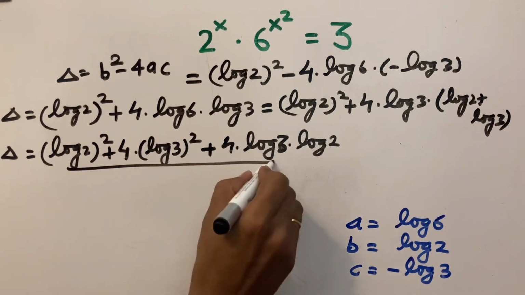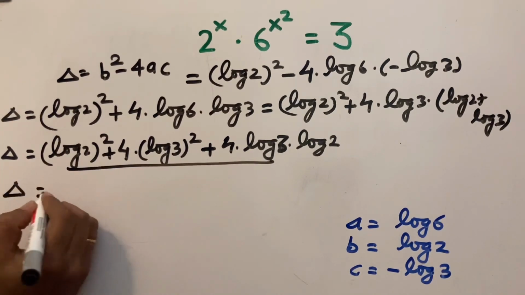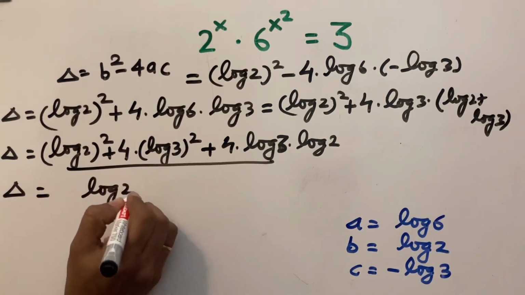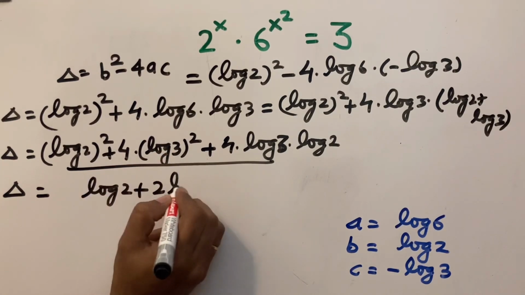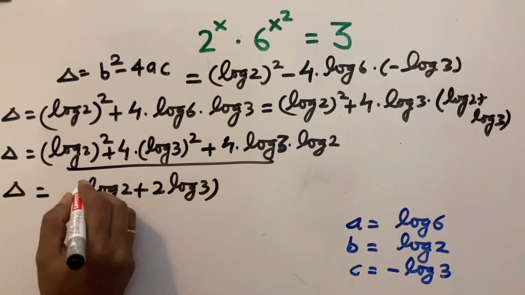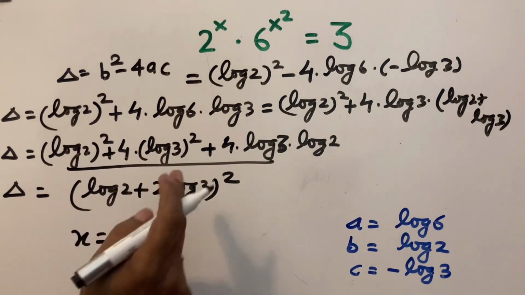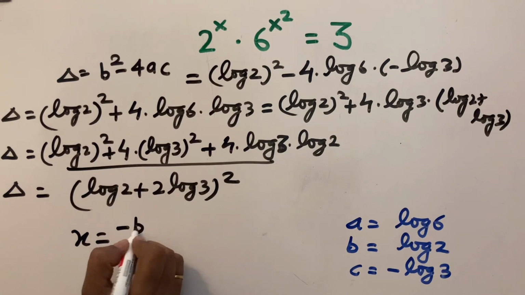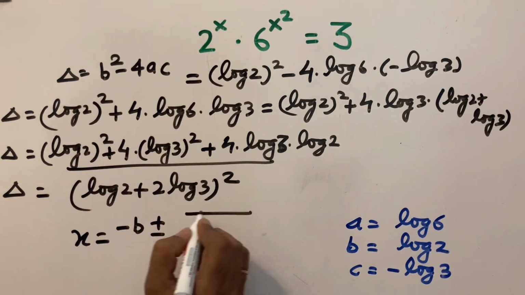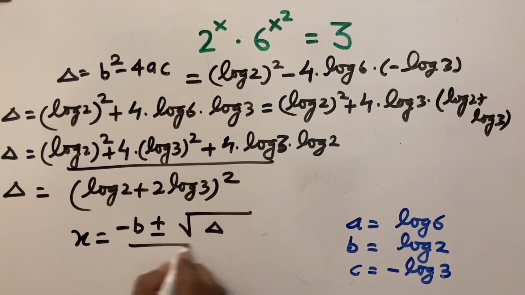So this equation can be simplified to delta equals log 2 plus 2 of log 3 whole square. Now we have to find the value of x, which will be equal to minus b plus minus square root of delta divided by 2a.